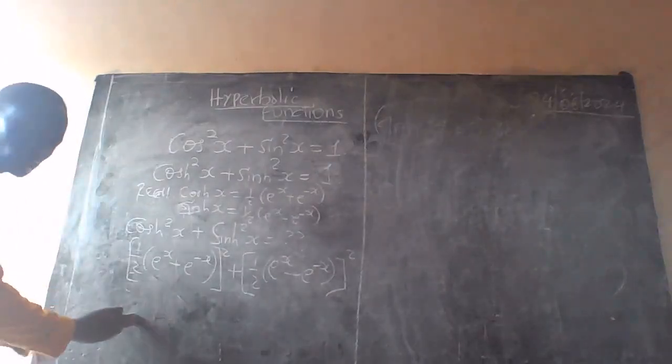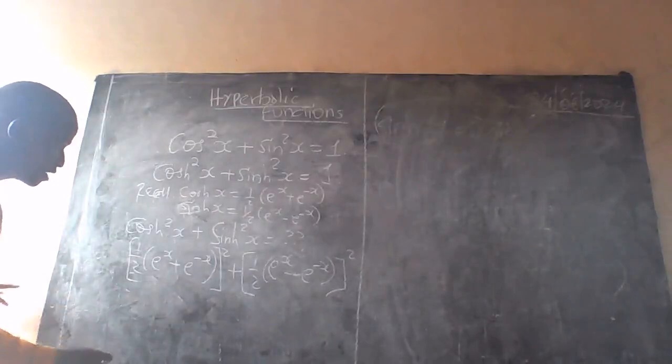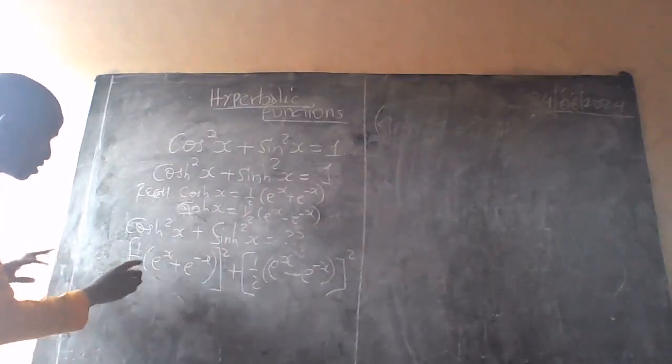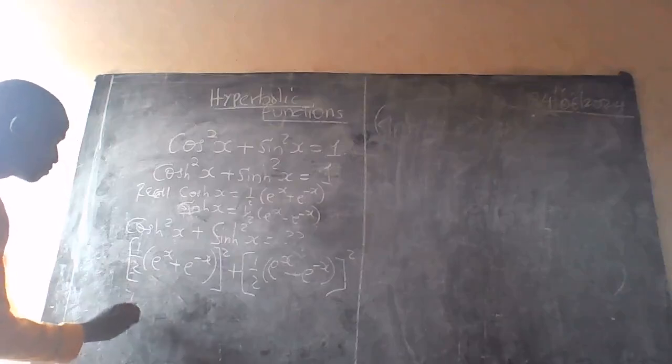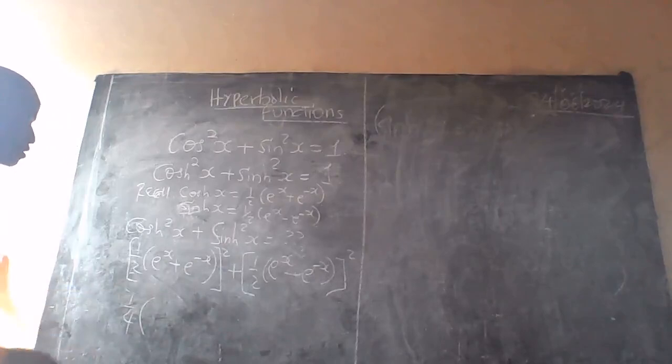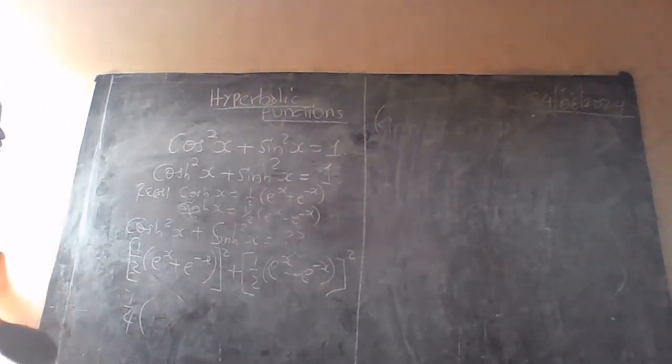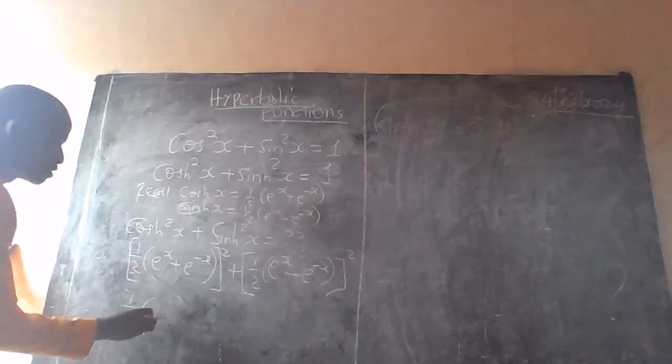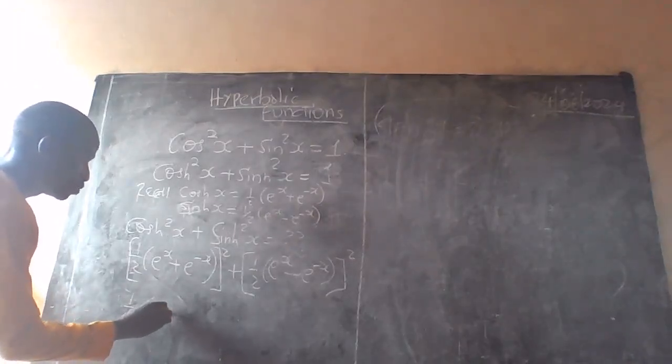So from here it is very clear to us that we will square this one to give us a quarter. So we want to square this. When you square, you need to square the first number to give us e^(2x).